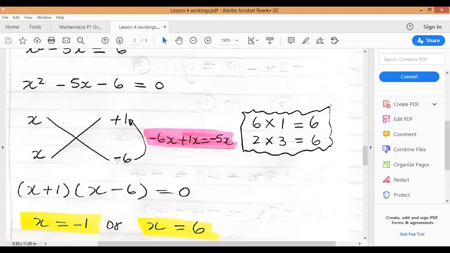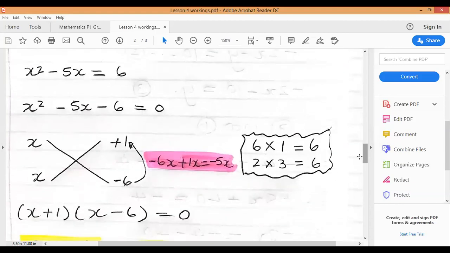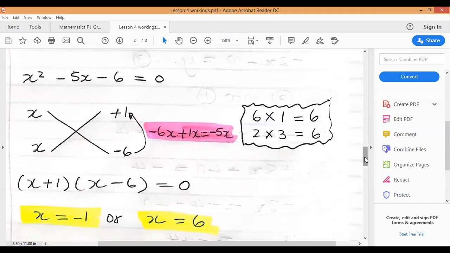I'm sure you were having a problem here on top, but if you still have a problem solving for x using this one, please let me know. But there are so many methods. At home, you can try the method that you've learned at school and see whether you arrive at x equals -1 and x equals 6. I hope it makes sense.